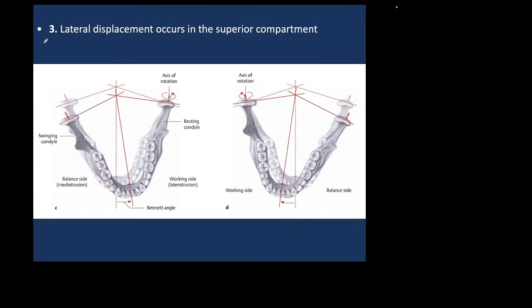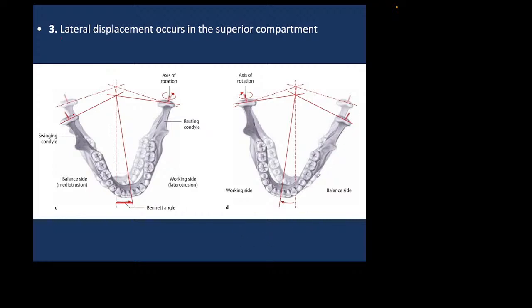And the third kind of movement in the temporomandibular joints is the lateral displacement, when one joint, for example the right joint, is protruded, but the left one is rotated, and the mandible moves left.